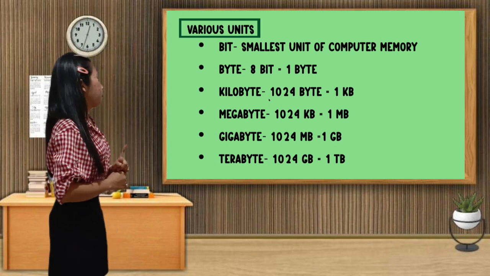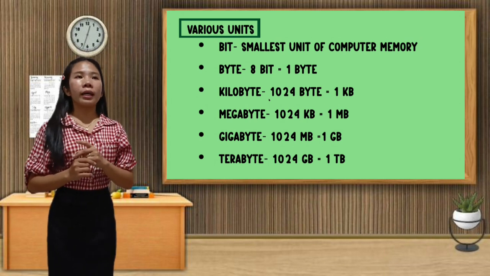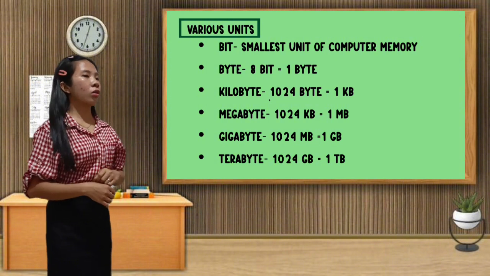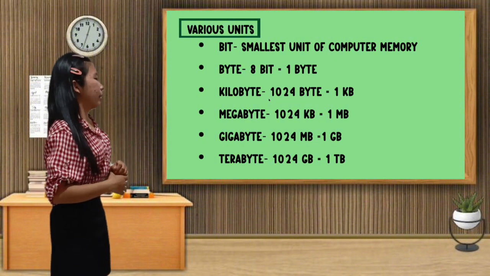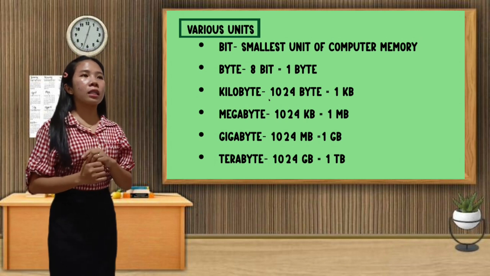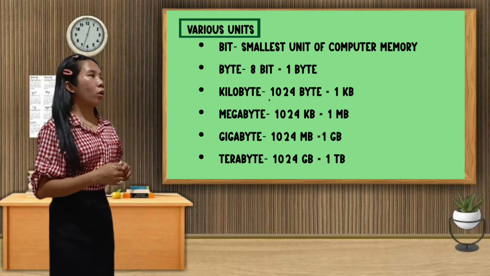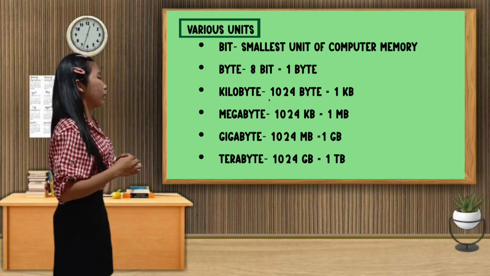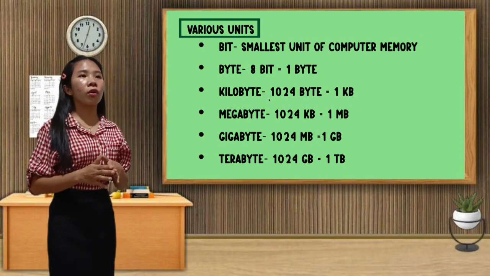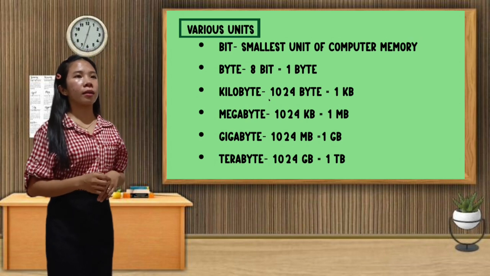When we say megabyte, 1024 kilobytes is equal to 1 megabyte. When we say gigabyte, 1024 megabytes is equal to 1 gigabyte. And when we say terabyte, 1024 gigabytes is equal to 1 terabyte.